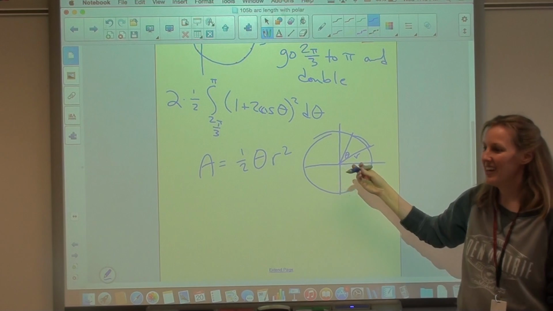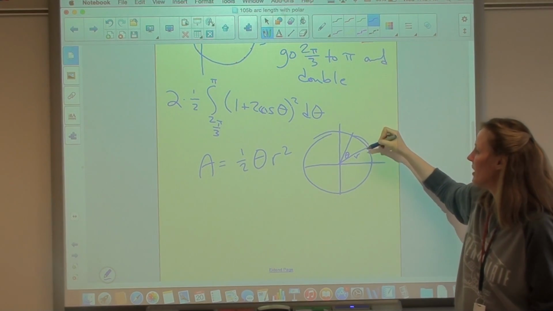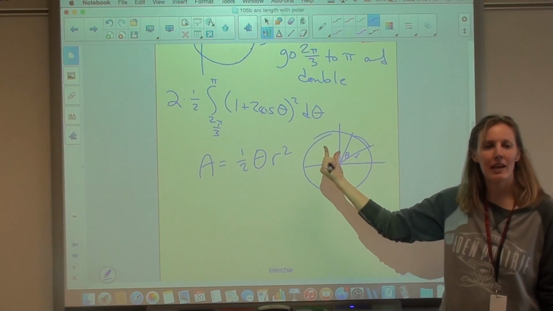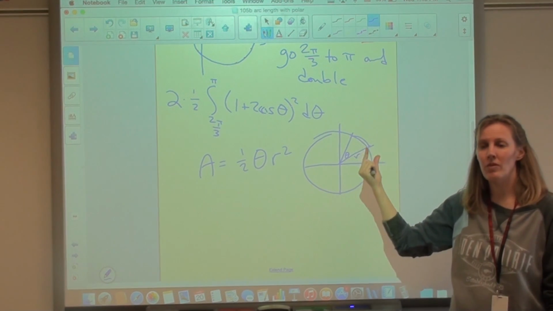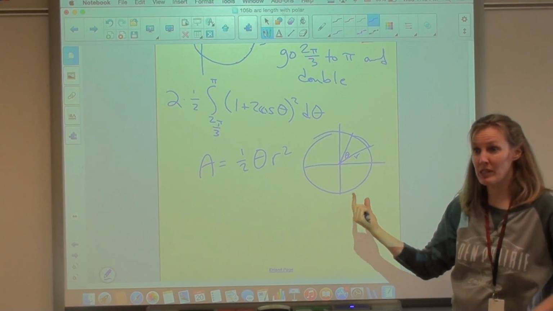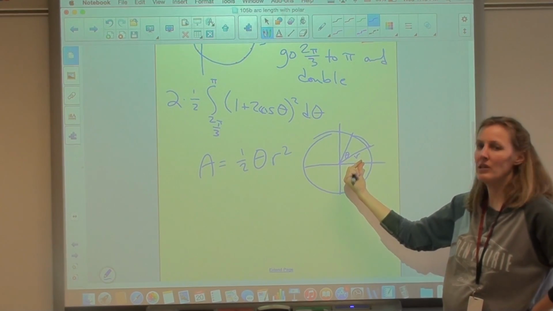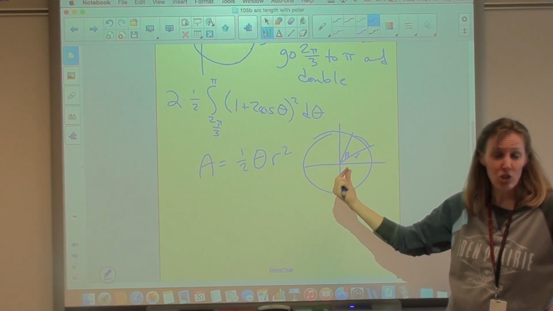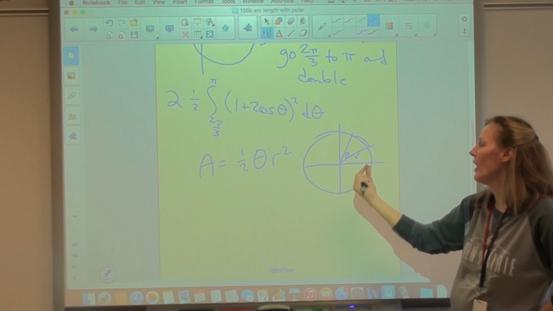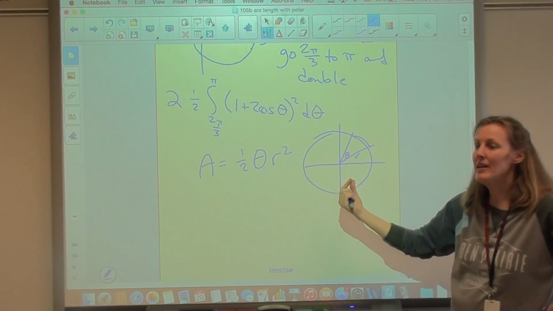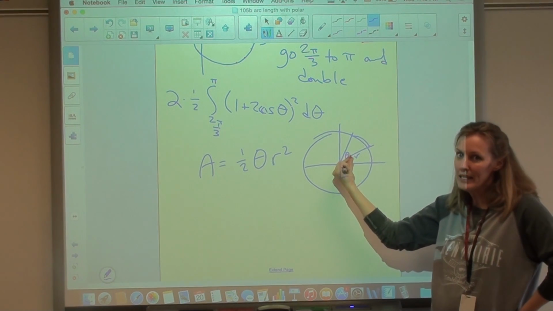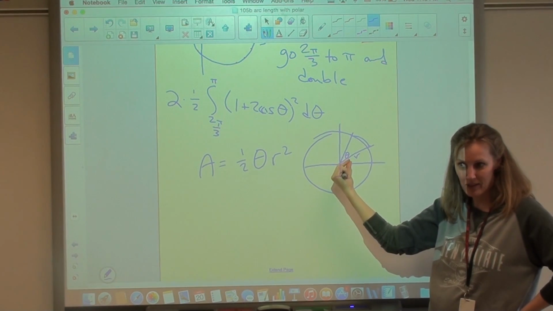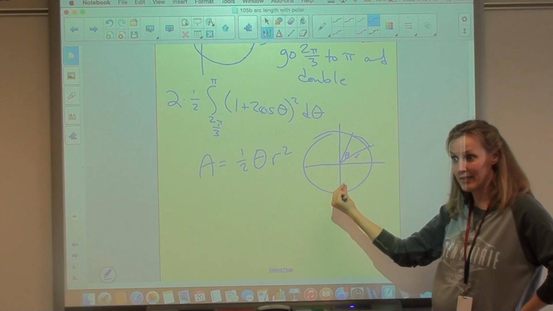If we take the limit as theta approaches 0, the mathematical expression that represents that is d theta, right? So if we took 1/2 r squared d theta, that would give us the area of a sector that's really, really tiny, right? Super tiny, it's like a line, right?